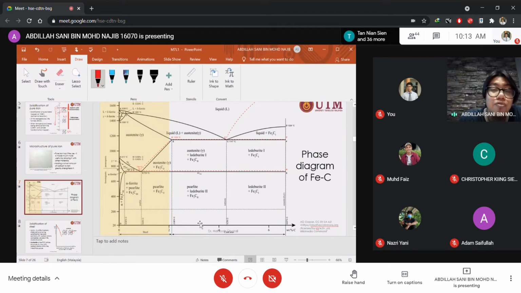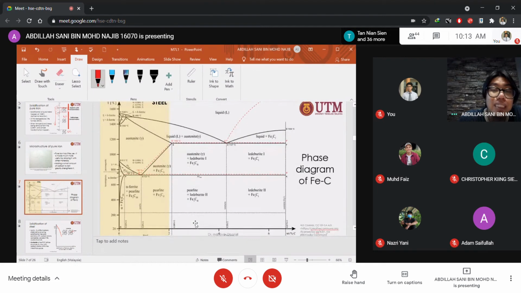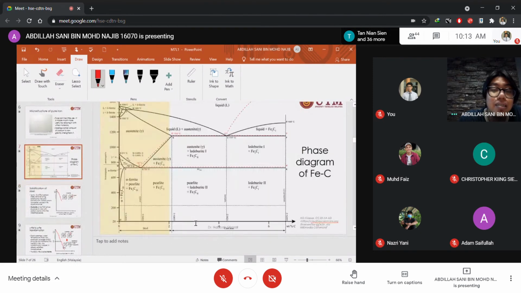Actually, for the steel, steel is defined when you add up to 2% carbon. This is the range of the steel.